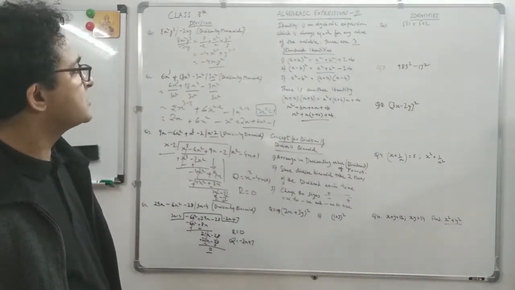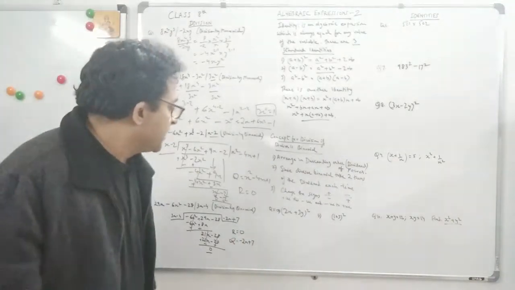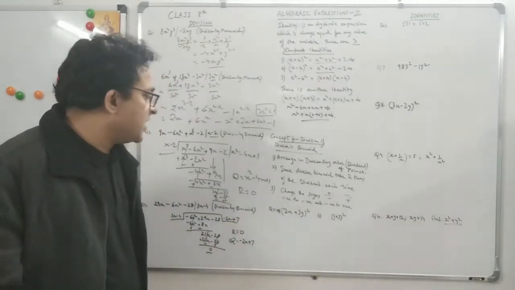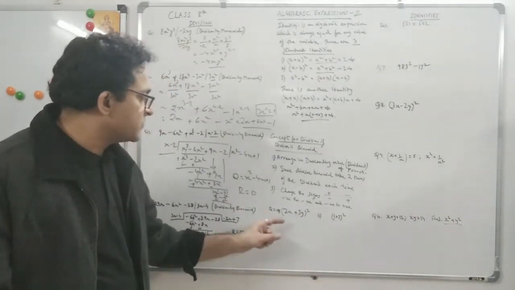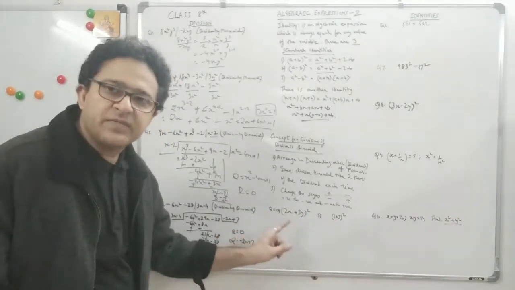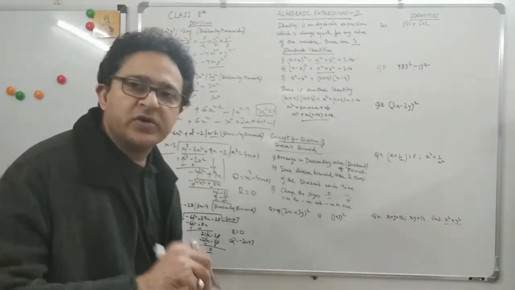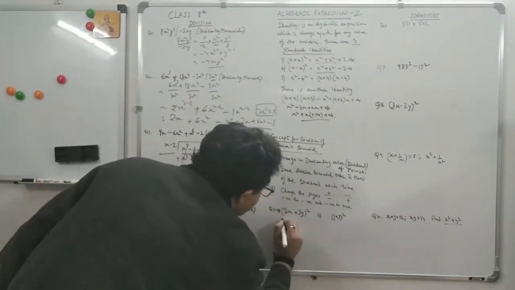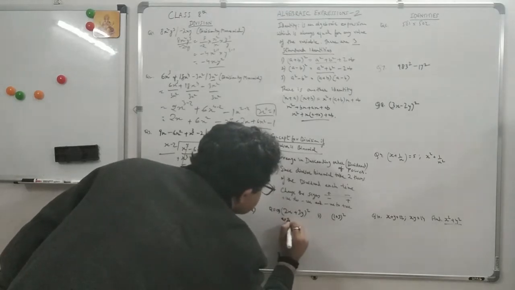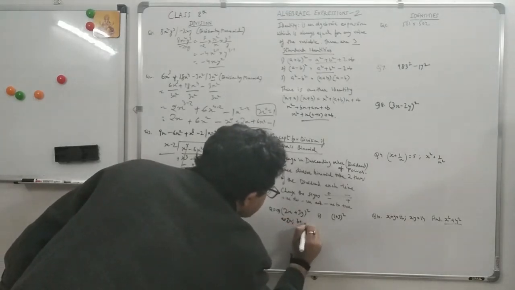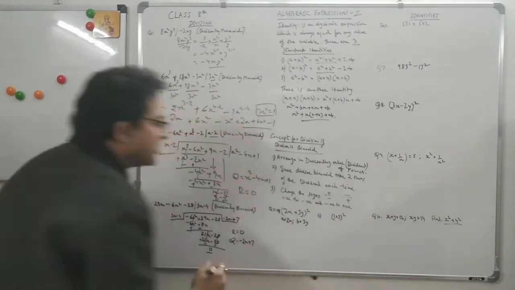Now let's do some questions for identities. 2x plus 3y whole square and 103 whole square. This is of the form a plus b whole square. So how will you do these questions? You have to write a is equal to 2x, b is equal to 3y. Now if you write this, things are very simple.